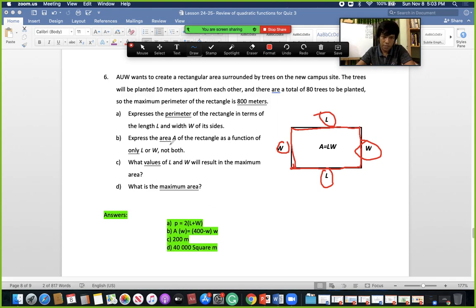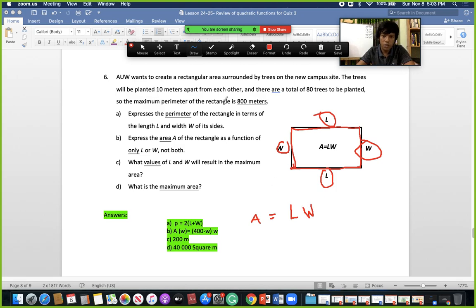Second question is, express the area of the rectangle as a function of L or W, not both. That means A equals length into width, as already given here. But here you see there are two symbols, L and W. So try to make it one symbol.